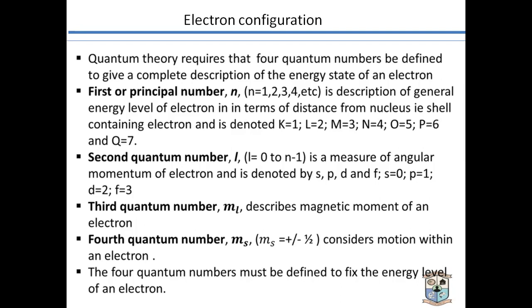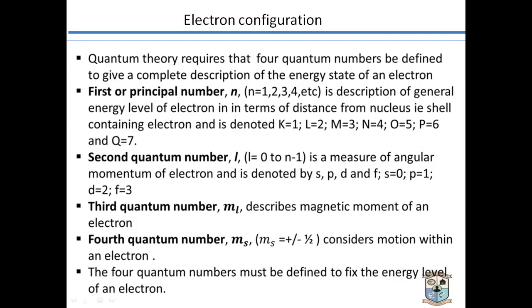What else do we need to know here? The second quantum number is l. So l can be 0 to n minus 1. This is a measure of the angular momentum of the electron and is denoted by s, p, d, f. So s is equal to 0, p is 1, d is 2, and f is 3.